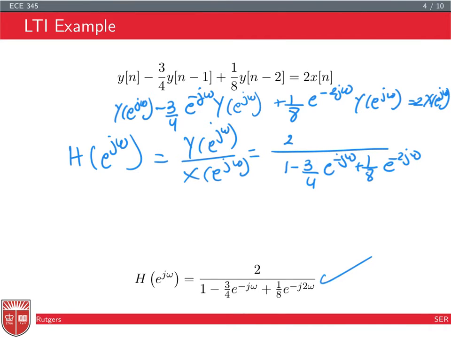So this is the frequency response of the LTI system. Now to find the impulse response, I have to invert this function. And to invert this function, we need to find its poles and then do partial fraction expansion, and that's what I want to do on the next slide.